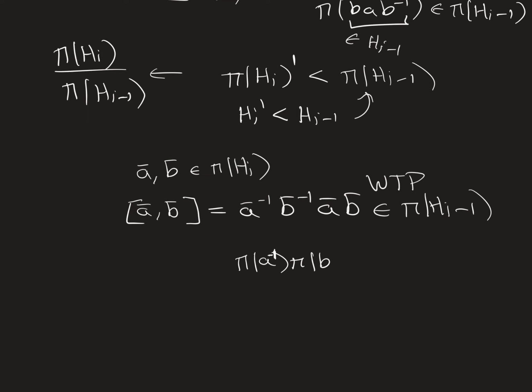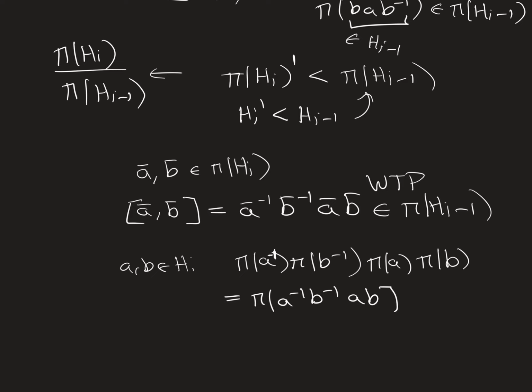Then we've got pi of b inverse for some b inside H_i, so a and b are both elements inside H_i. And a-bar is pi of a, and b-bar is pi of b. So we've just basically gone to their pre-images, or one of their pre-images, under pi, and then we combine this all together to say that this is pi of a inverse b inverse a b, which is pi of the commutator of a and b.